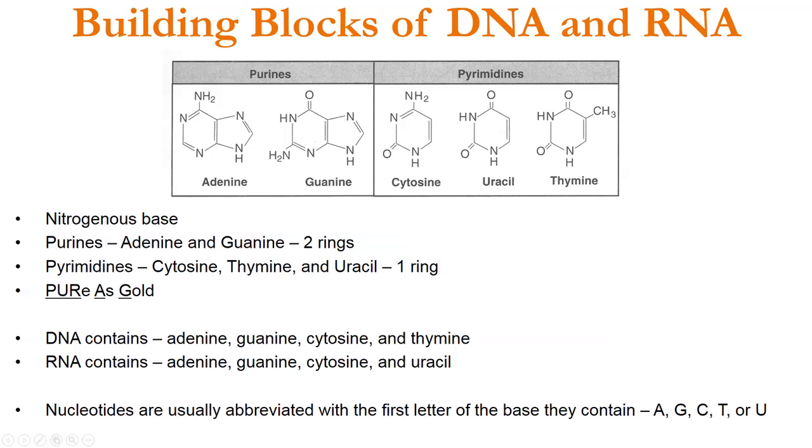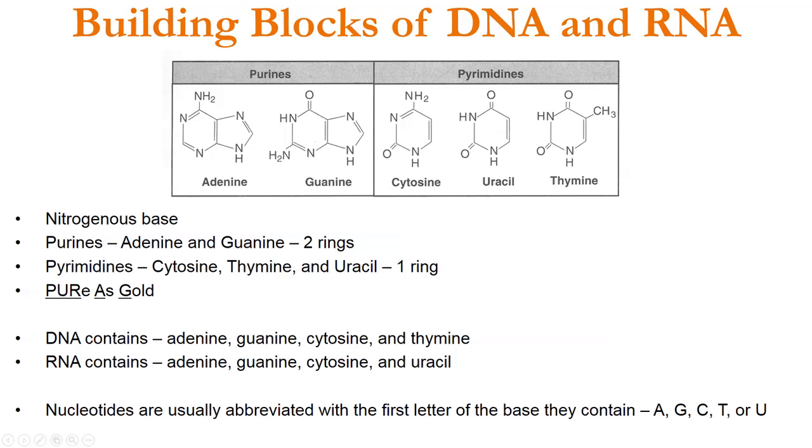The reason being, later on when we talk about how these things are synthesized, the purines are a little more complicated, as you can see from the picture. And so we actually will salvage our purines, where we don't really salvage the pyrimidines. I'll explain later on what I mean by salvaging. But anyway, it's helpful to know that.